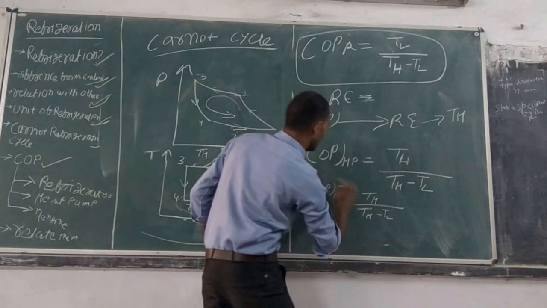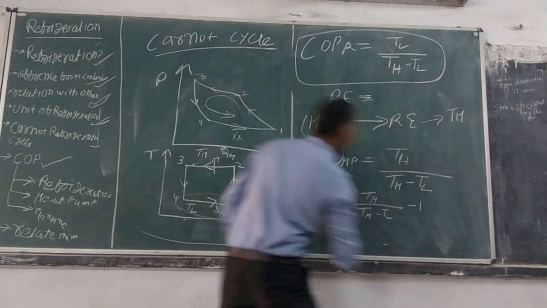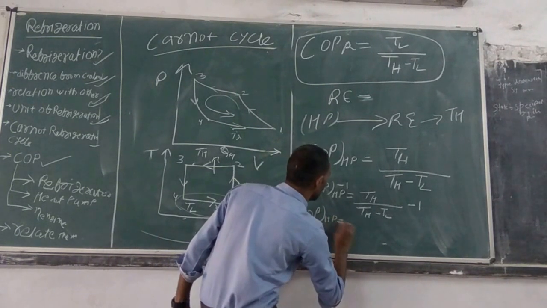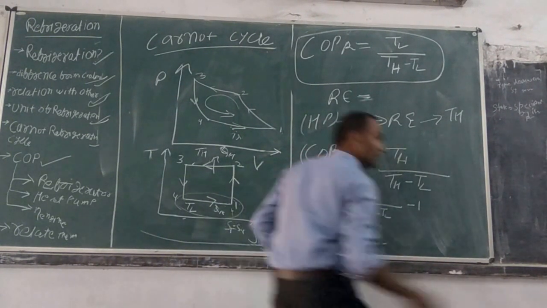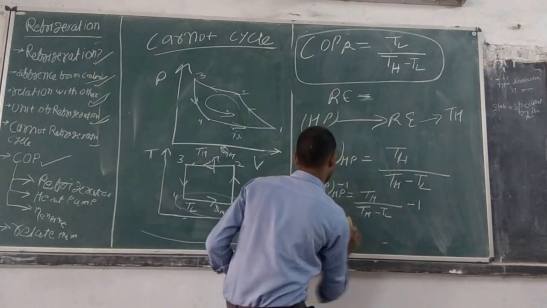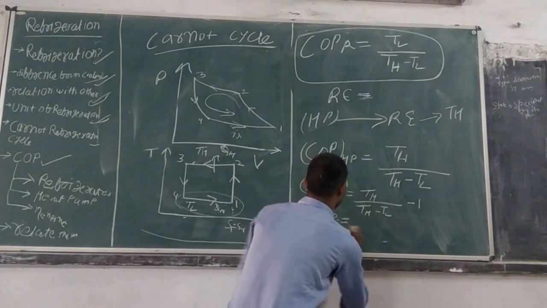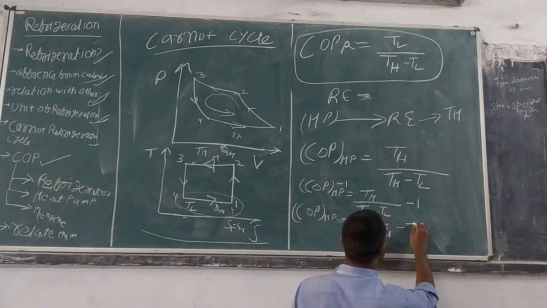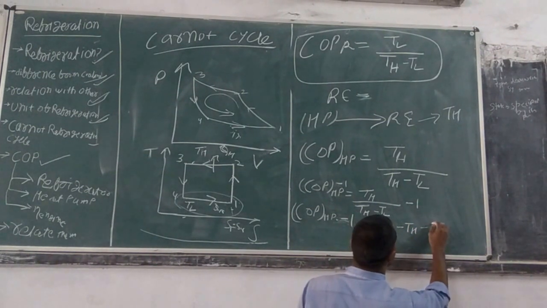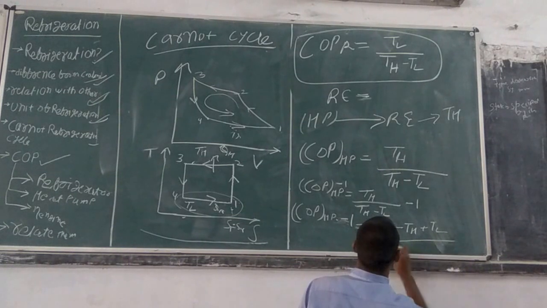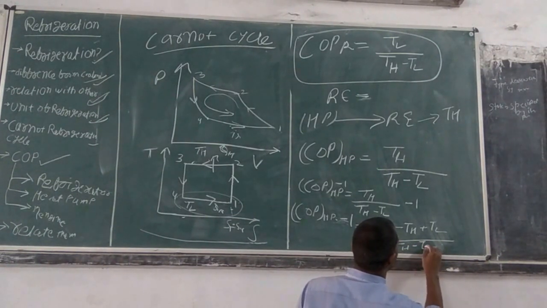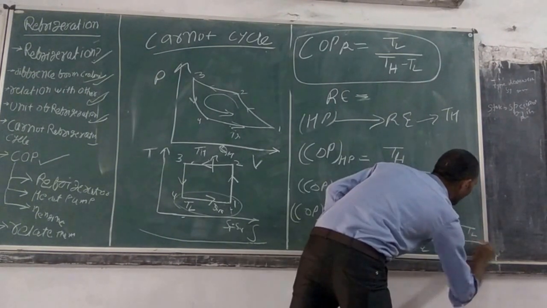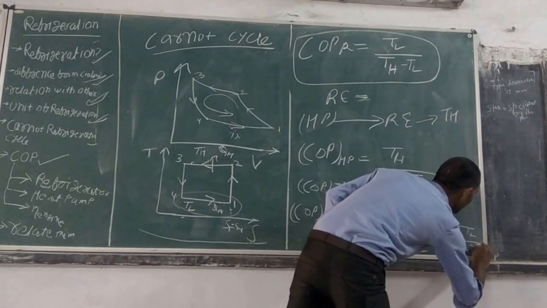If we subtract 1 from both sides, then COP of heat pump minus 1 is equal to (TH minus TH plus TL) divided by (TH minus TL), which comes TL upon TH minus TL.